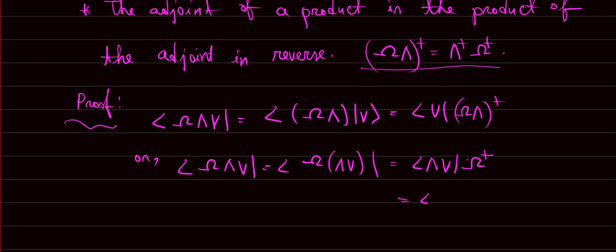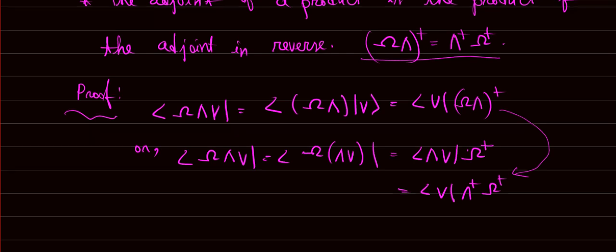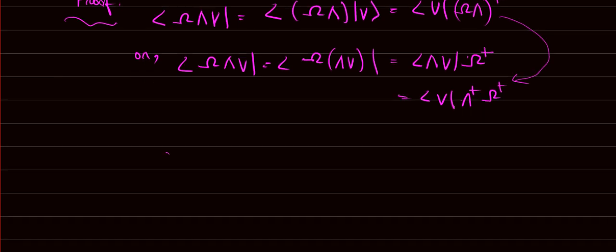And again, as both of them are equal, this is equal to this. So finally we can conclude that if we take the adjoint of any product of operators, it will be equal to the product of the adjoints in reverse.